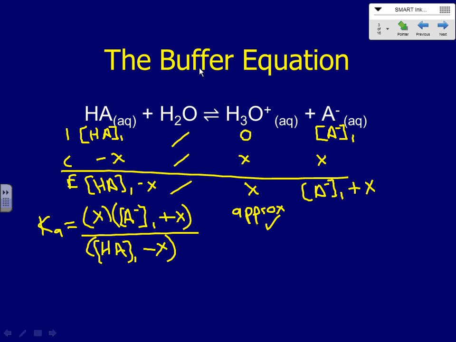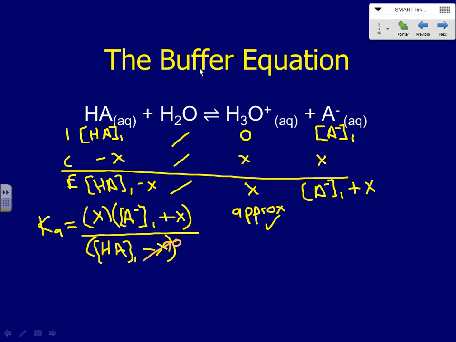Which of the X's can I get rid of? If the approximation is good, which X's are small? Christian? The negative X, the minus X, that's basically 0. Yep. The plus X will as well. All right?